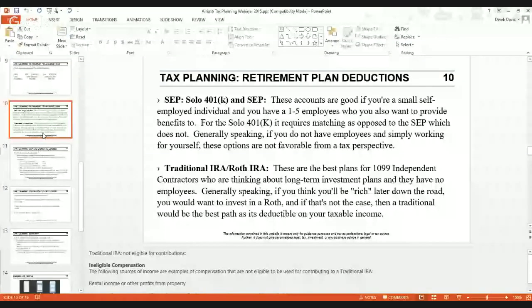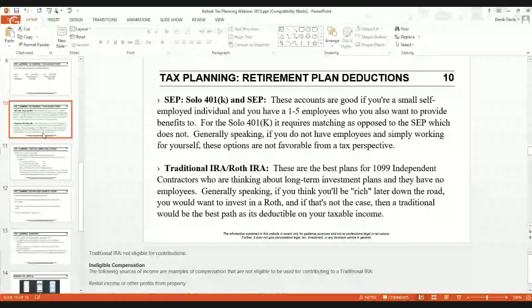What matching means is, if you have 1 to 5 employees, for example, if you have a growing Airbnb business and you hire some people and you provide them with a 401k plan, you need to match whatever their contribution is. For example, if their contribution is $1,000, you have to match that with another $1,000.